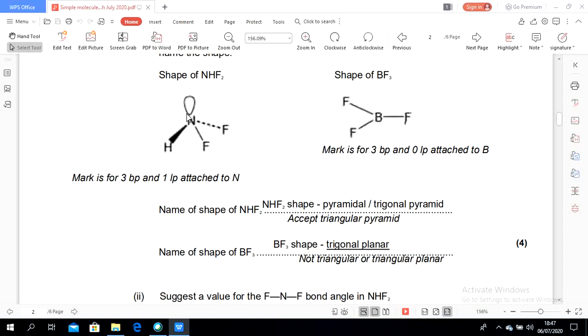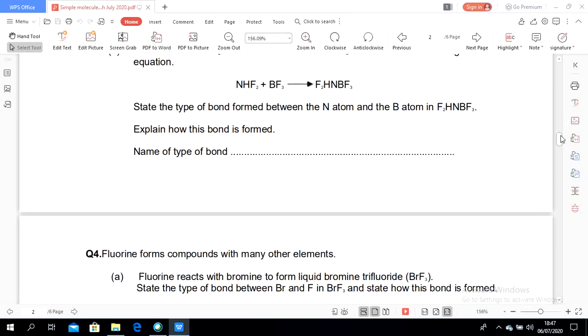So this lone pair makes the dative covalent bond to the boron. So the bond is the dative covalent bond or coordinate bond. How does this bond occur? Because of the presence of a lone pair donated to the BF3. It means it is not transferring. Transferring is lost, but it is not lost.